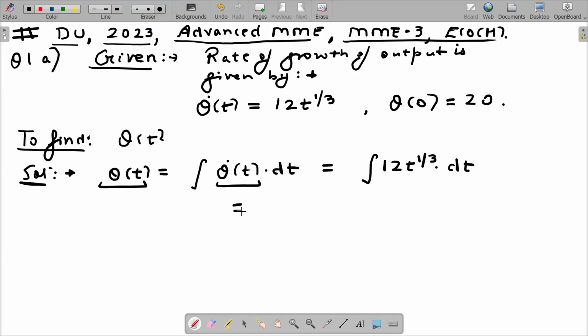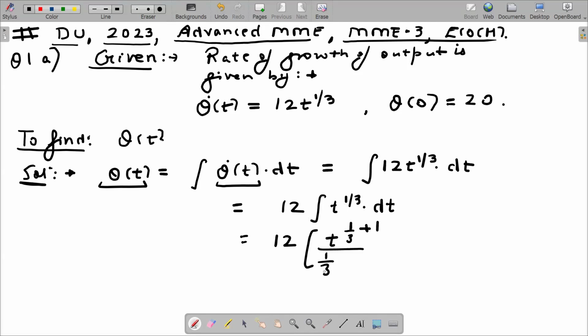We know how to integrate this. Students should watch my lectures on integration before watching this lecture. This is going to be 12 times the integral of t to the power 1/3 dt. How do I find the integral of t to the power 1/3? It's t to the power 1/3 plus 1 over 1/3 plus 1, plus the constant of integration.